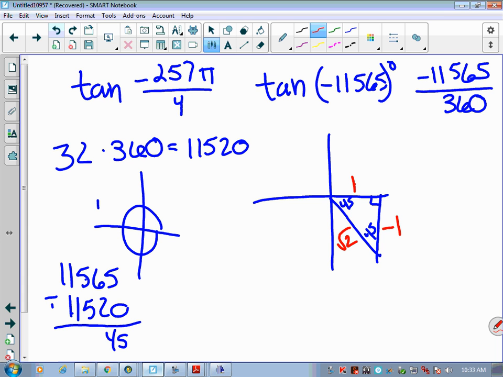If I'm looking for tangent, tangent is opposite over adjacent, right? And I'm always basing it upon my reference angle. So what's opposite of that angle there? Negative 1. And what's adjacent to it? 1. What's negative 1 divided by 1? Negative 1. So my answer is negative 1.